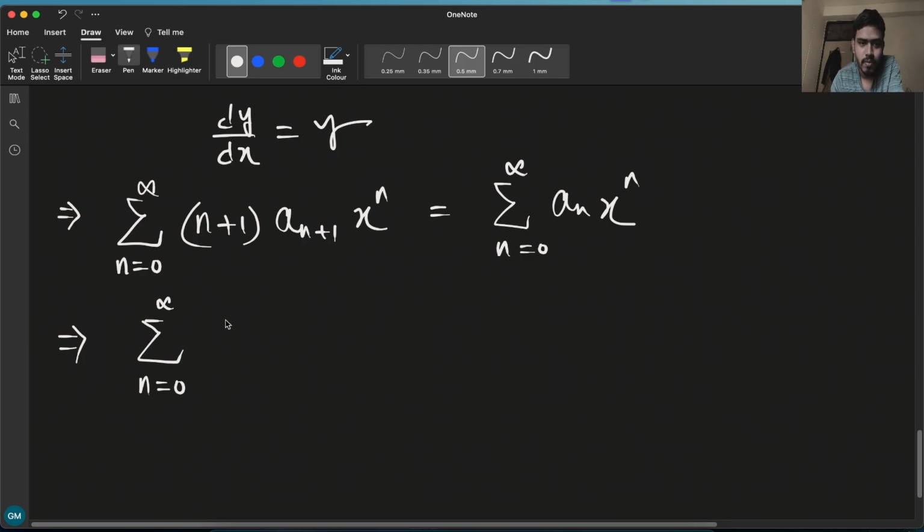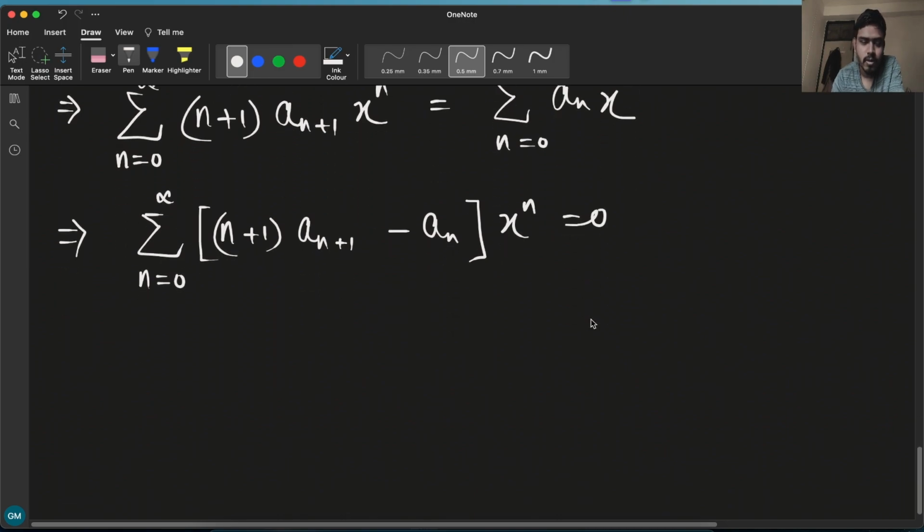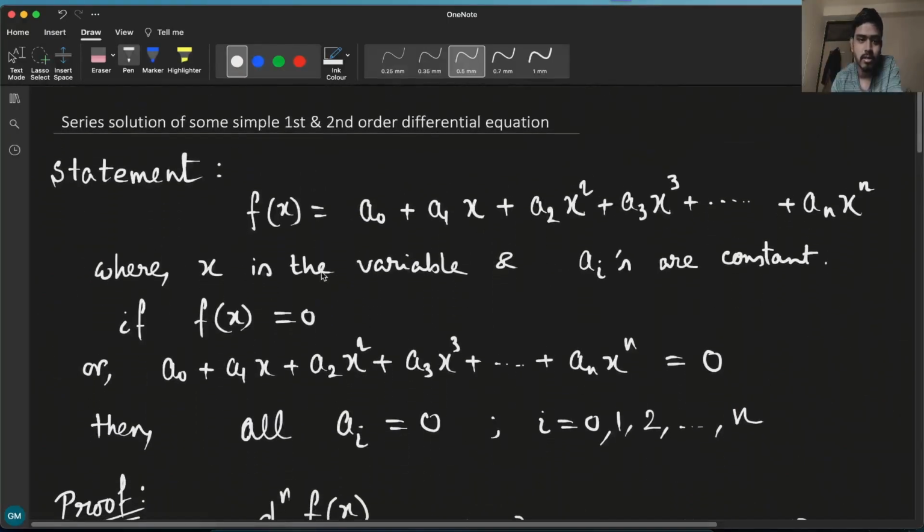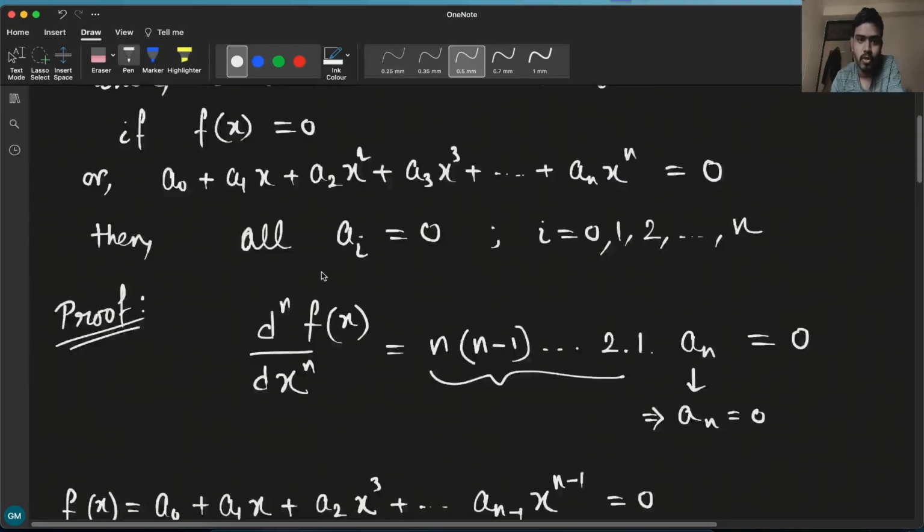The sum from n equals 0 to infinity of ((n plus 1) a_(n+1) minus a_n) times x to the power n equals 0. Now using the statement that if this power series equals 0, then every coefficient will be 0. That's the application of this theorem.